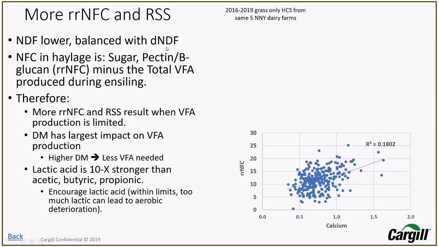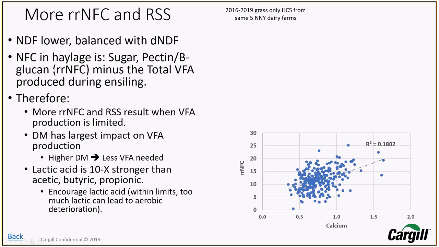So one thing we can do is increase the pool of NFC by harvesting thinner cell walls, but we're only going to do that to the point where it doesn't make the digestible fiber pool too low. So we're basically dealing with the NFC that we have, and it is made up of sugar, pectin, and beta glucan, that's the lining.